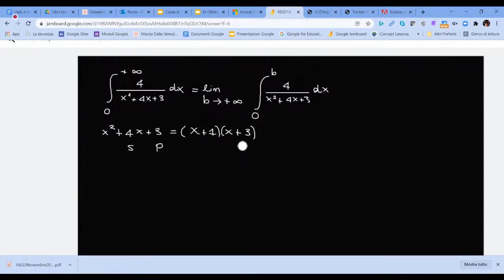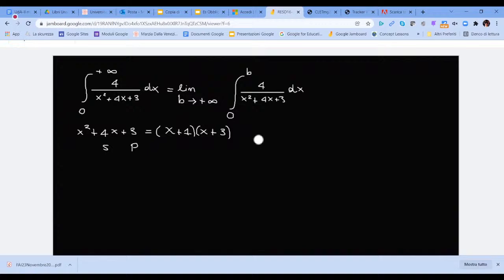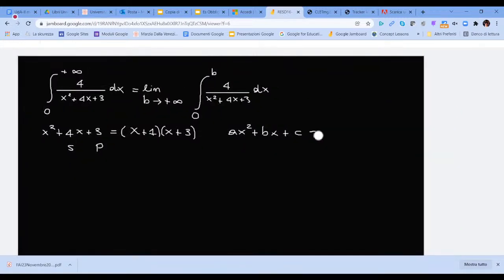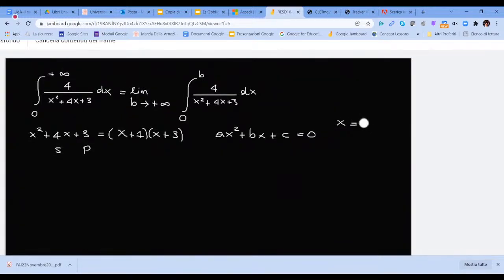If you don't find immediately a factorization, you can use the rule where you have the second order polynomial and solve the second order equation with the quadratic formula, where delta is b squared minus 4 times a times c.